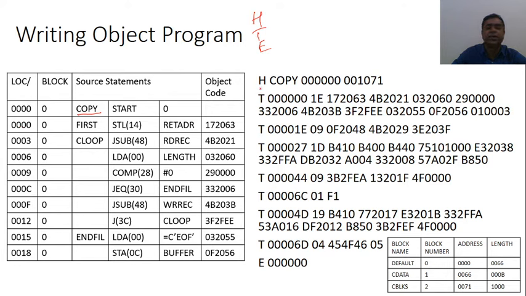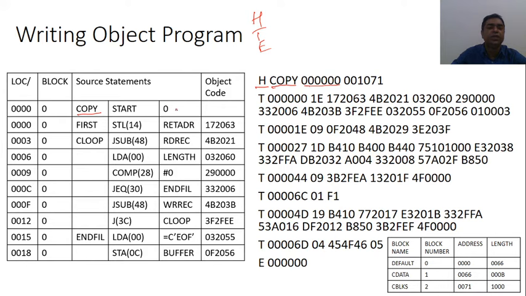Now the header record will be written like this. First column is H, then the name of the program, that is COPY, and the starting address of this program is 0. So here it is written as 000000.